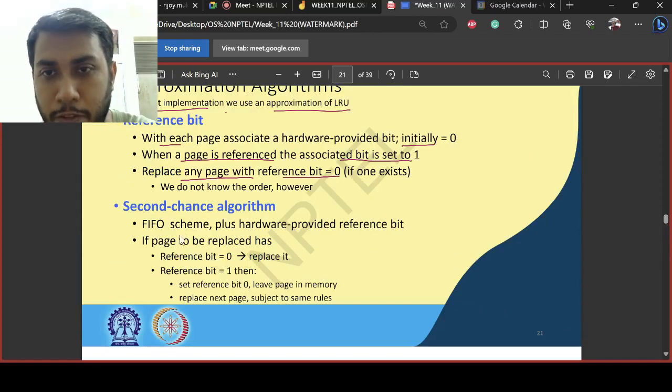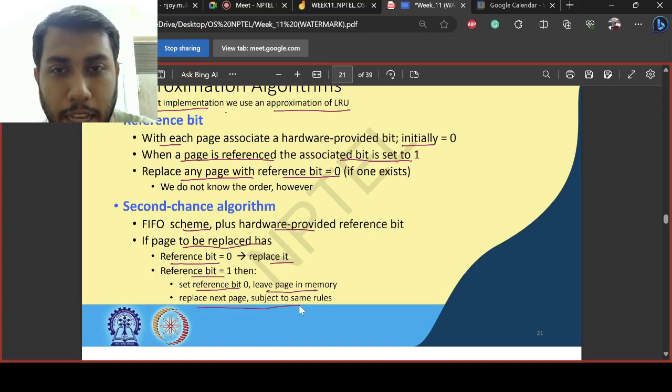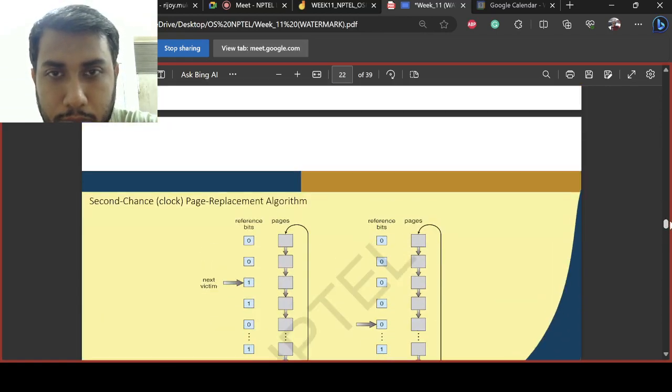The second chance one is a FIFO scheme. If the page to be replaced has reference bit 0, replace it. If reference bit 1, then set the reference bit to 0, leave the page in memory, and replace the next page, subject to the same rules. Okay, let me do it. Let's look at this.